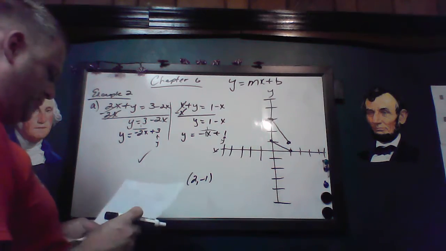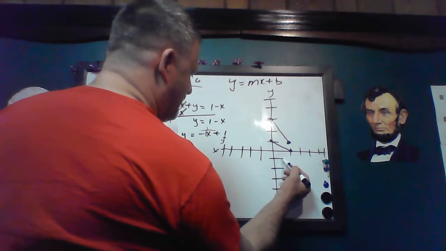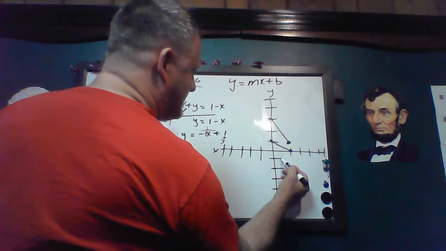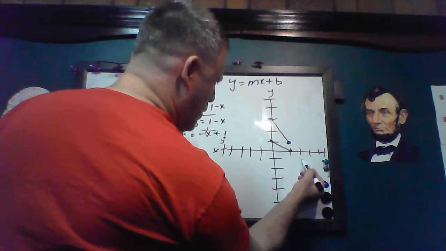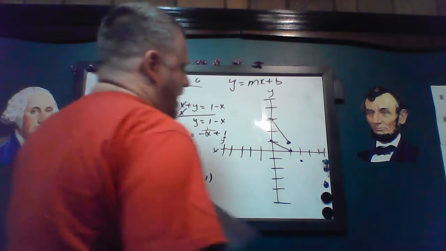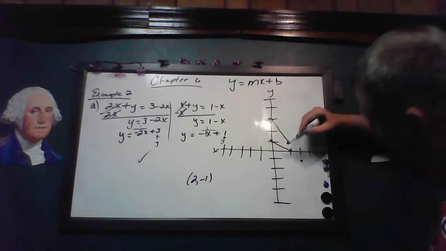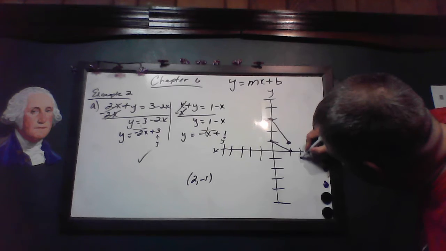So we want to do -1 down here on the y-axis. So -1 and looks like 2. Looks like that. Okay, now let's see if my handwriting can get down somewhat to that.